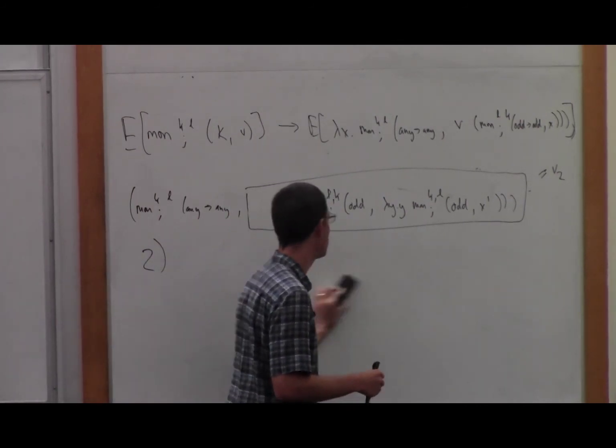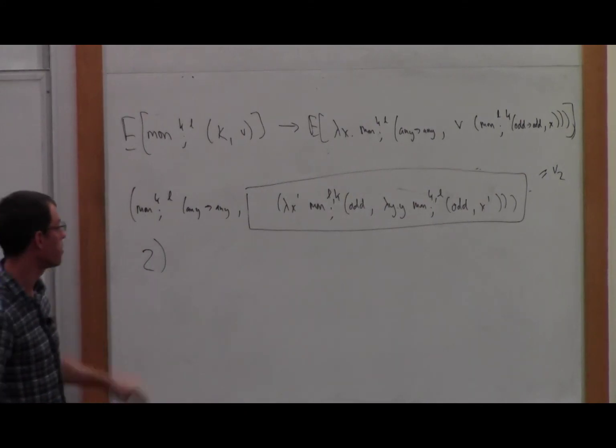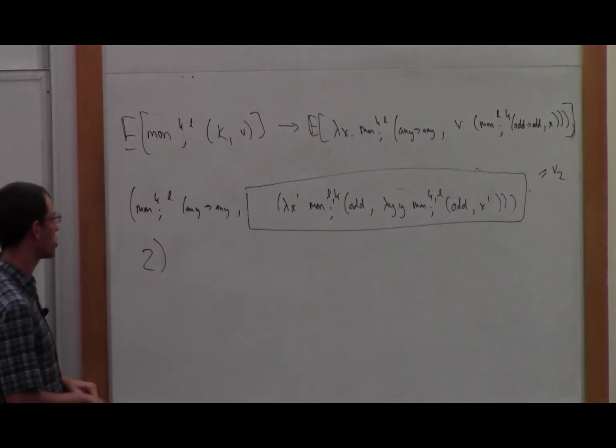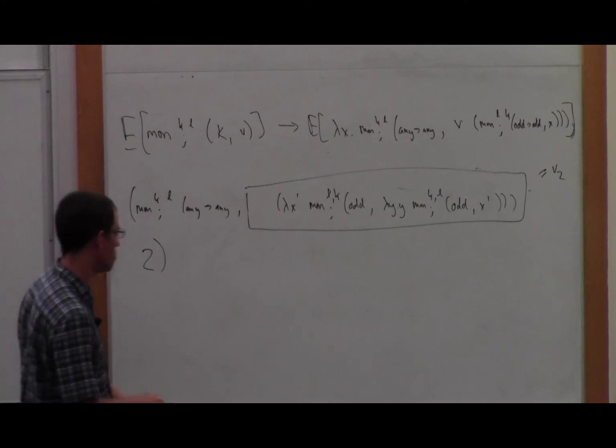So now we're just left with this term. So we're going to check that this is an any-to-any function with blame labels k and l, and then apply it to 2.